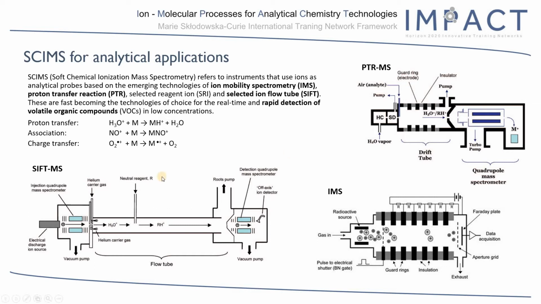It includes selected ion flow tube mass spectrometry, SIFT-MS, proton transfer reaction mass spectrometry, PTR-MS, selected ion flow drift tube mass spectrometry, SIFT-DT-MS, and also ion mobility spectrometry, IMS. These techniques are widely used for analysis of breath, environmental analysis, or in homeland security, as they can quantitatively detect trace levels of various organic molecules in real time.